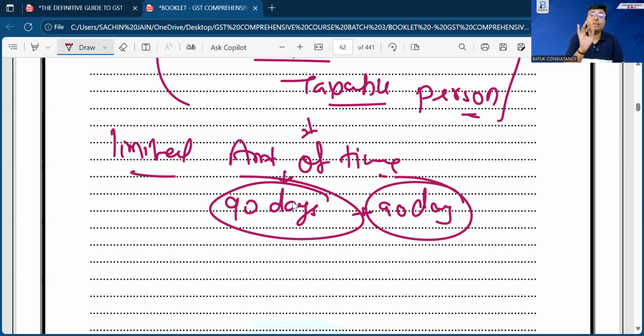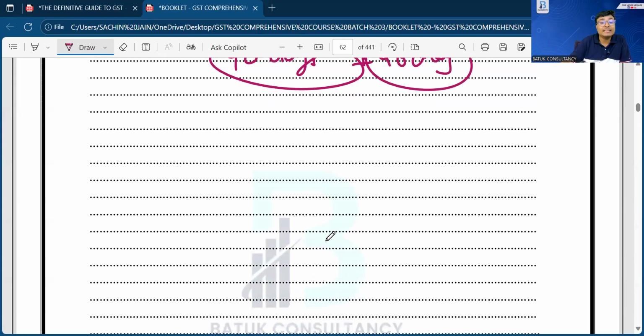for 90 days. When the government is allotting the GST registration as a casual taxable person or non-resident taxable person, the government is saying that Mr. Sachin, you are taking the GST registration for a limited amount of time, so you should deposit the amount in advance.